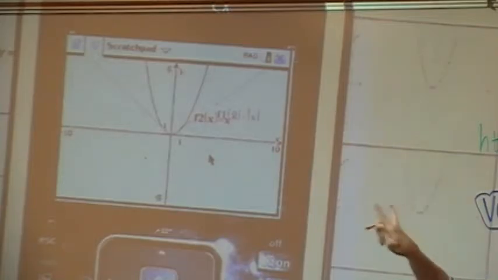Okay, now I'm going to leave these. I'm not going to change them at all. I do want to remove these labels because they're bugging me.